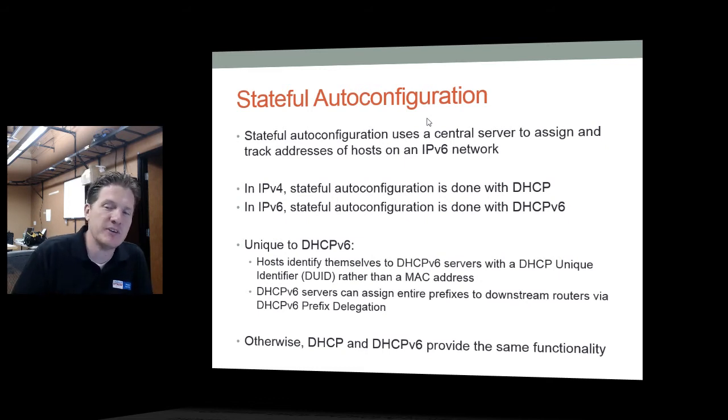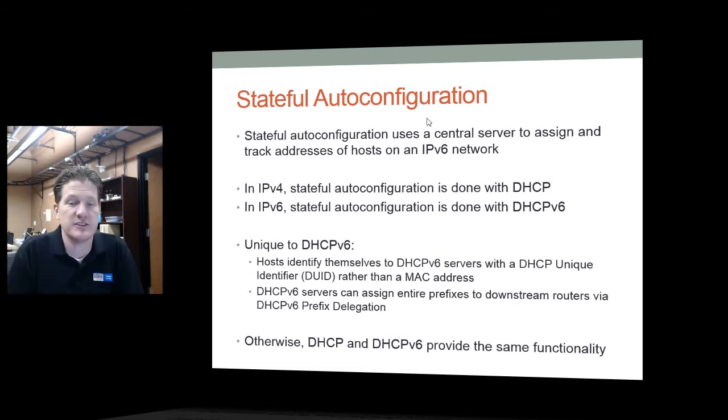Hosts identify themselves to DHCP version 6 servers with what is called a DHCP unique identifier, or DUID, rather than using their MAC address. There's a couple of reasons for this, but we don't need to talk about that too much. DHCP version 6 servers can assign entire prefixes to downstream routers via DHCP v6 prefix delegation.